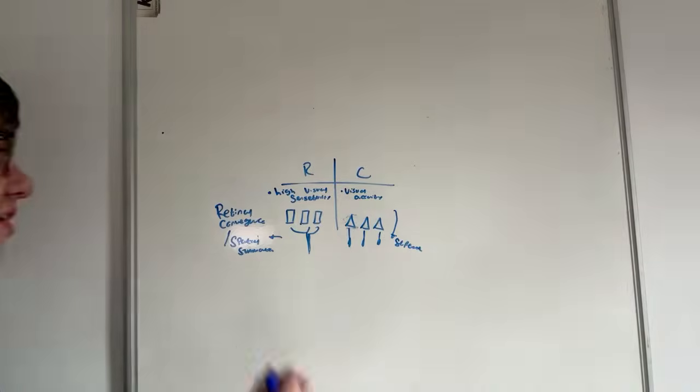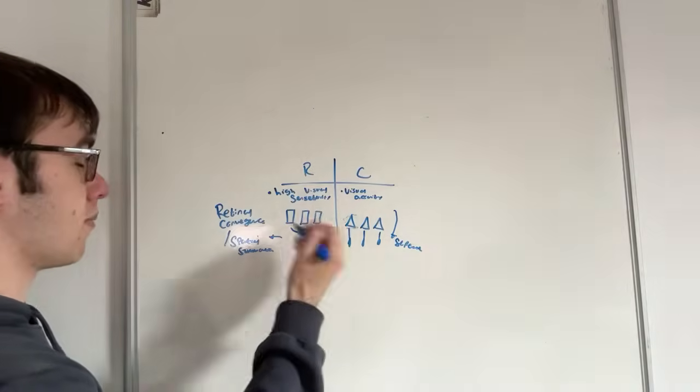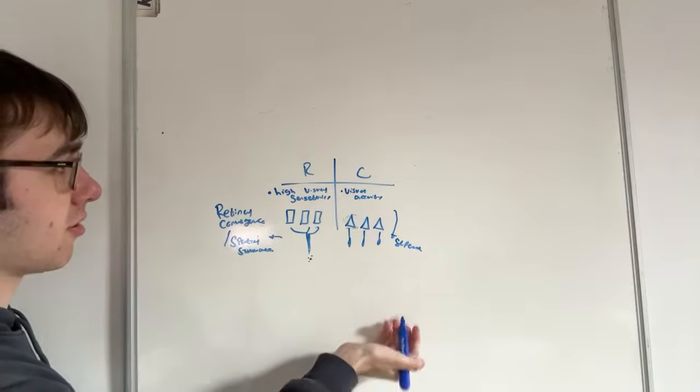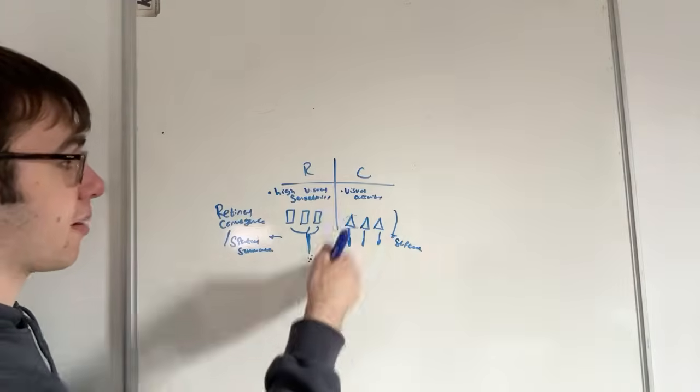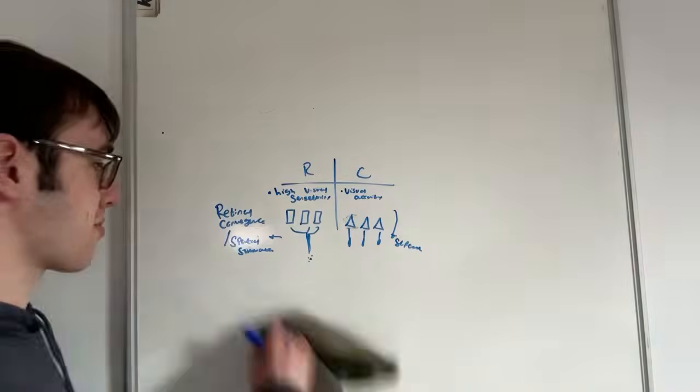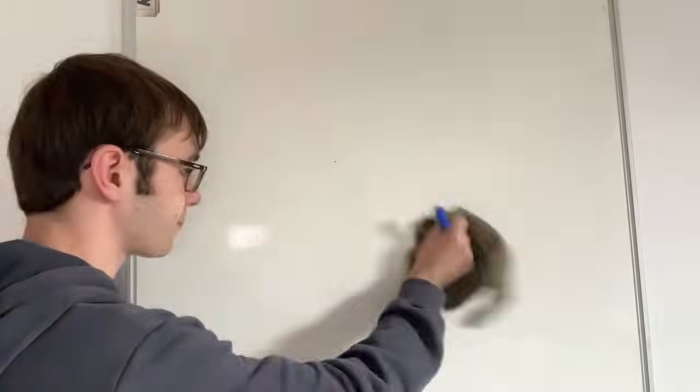So in rods, it's enough neurotransmitter to reach the threshold. With cones, it's separate. Myelinated neurons came up, so I don't need to go over that.